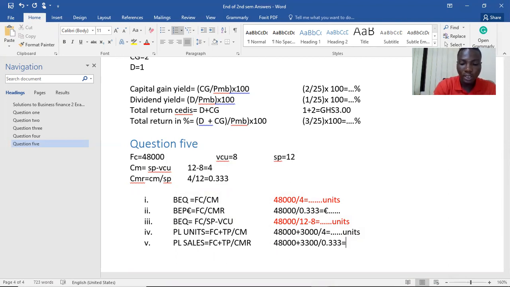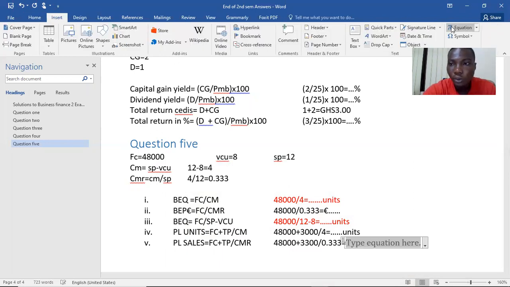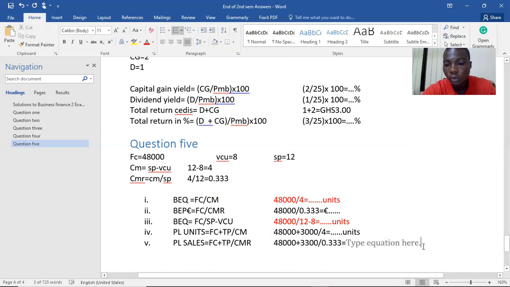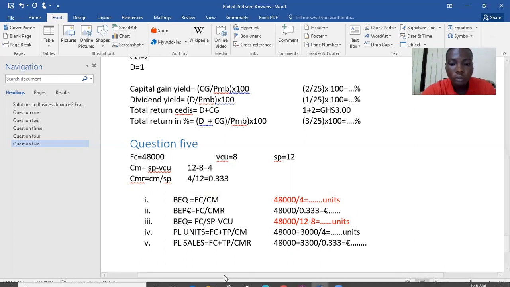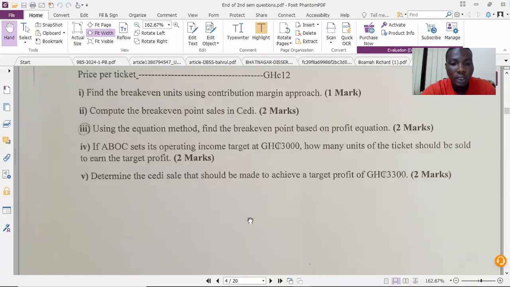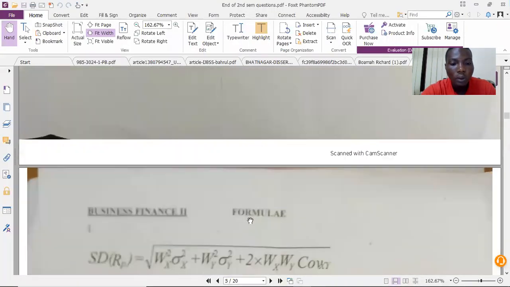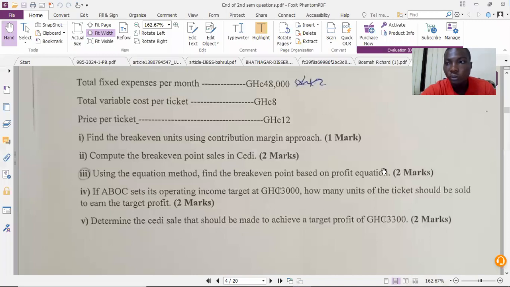So you are going to get an answer in currency value. So let me put the currency symbol there. Then the next one, okay, this one, that is all the question.